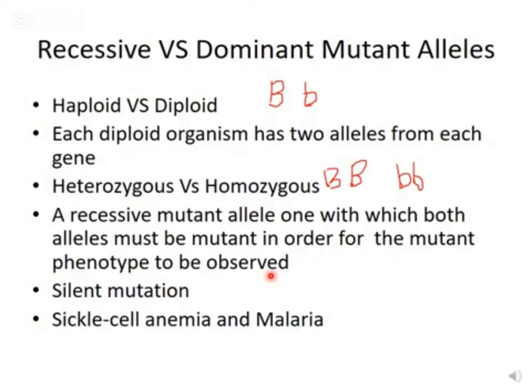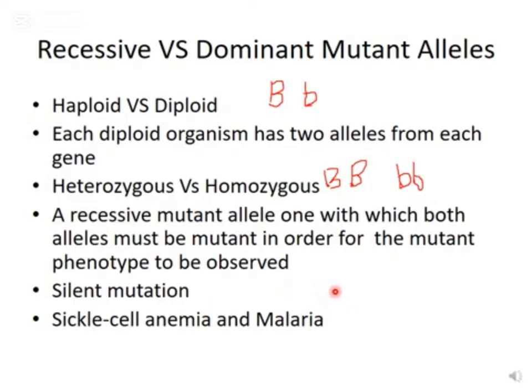A lot of people carry the gene for thalassemia. However, it's not expressed in their blood. They are not sick. They don't have thalassemia. However, if you have a homozygote with the two thalassemia mutations, the phenotype is going to be observed, so the person is going to be sick with thalassemia.